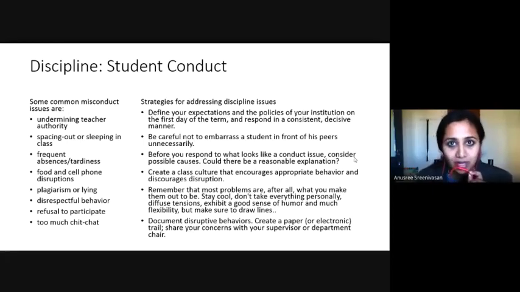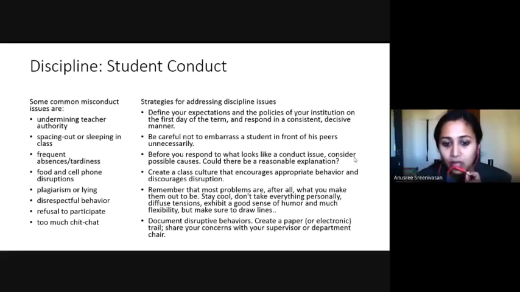And remember that most problems are, after all, what you make them out to be. Yeah, so stay cool. Don't take everything personally. Diffuse tensions, exhibit a good sense of humor and much flexibility, but make sure to draw lines. Now, this is also an important point.